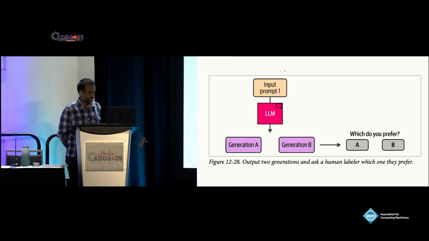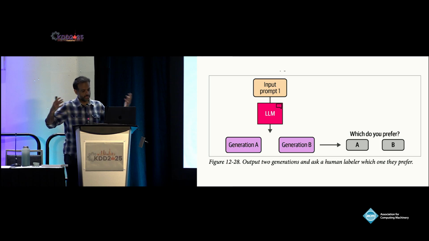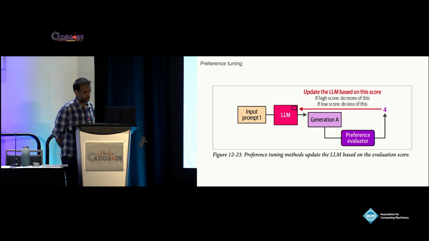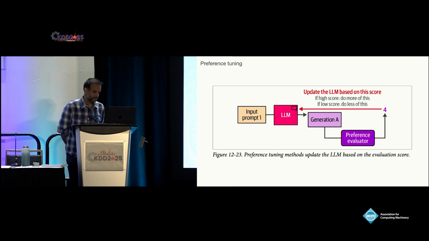One way to collect this data is to give a model a prompt, get 2 generations out of it, and then ask a human annotator, which one do you prefer, which one is better, and then you get that rating. And from that you get a value judgment that can be either a preference of A or B, or it can be a score for the quality of generation A is this number.